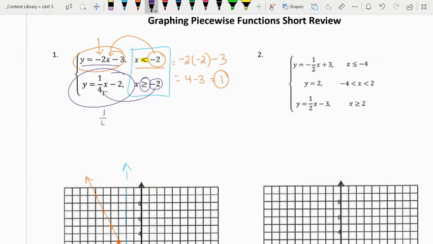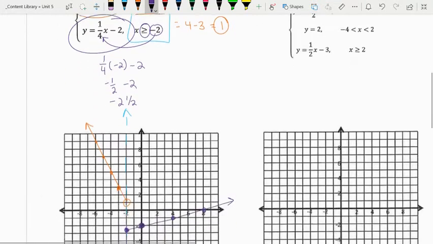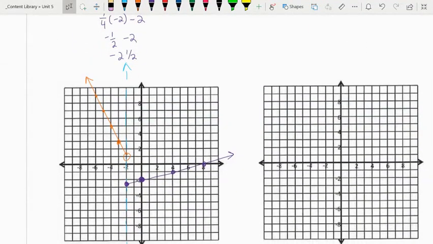So we have 1/4 times -2 minus 2, which gives me -1/2 minus 2, which gives me -2.5. Which looks like that's about where we ended up crossing.